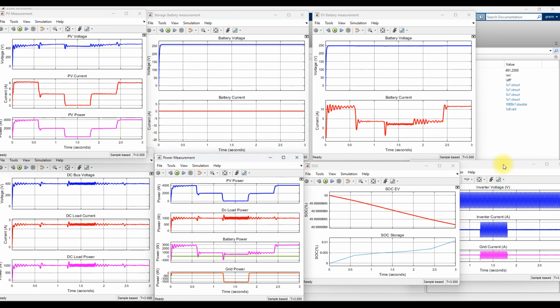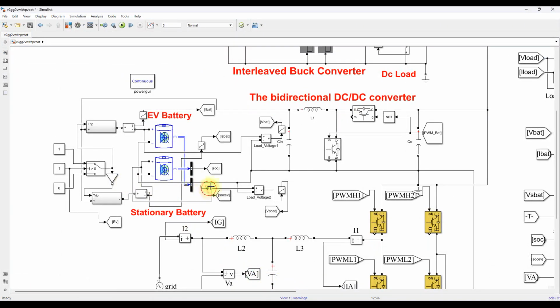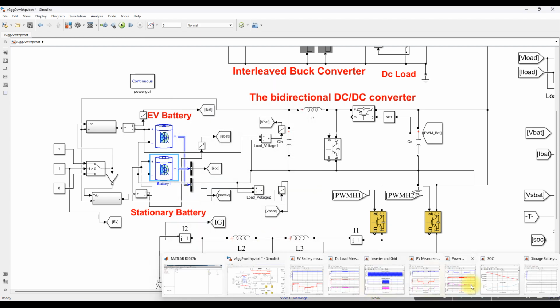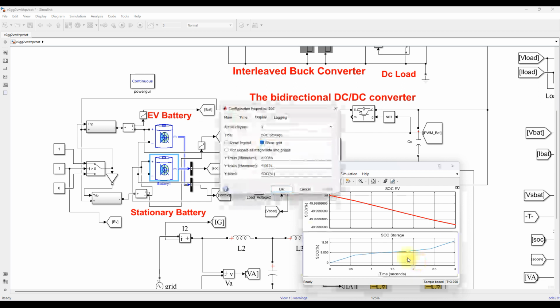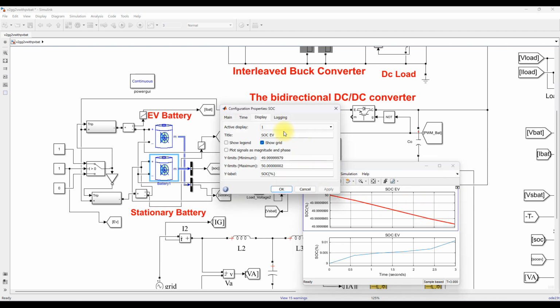So this is the variation of SOC of the EV. This one is the SOC of the EV, and this is the SOC of the storage battery.